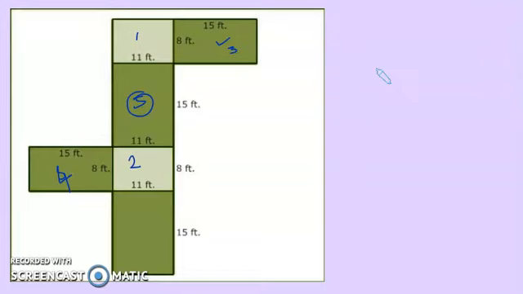So we can see we have 2 faces having dimensions 15 and 8. So 15 times 8, the area of a rectangle, length times width, and since there are 2 faces, multiply it by 2. So we have found the area of number 3 and number 4.